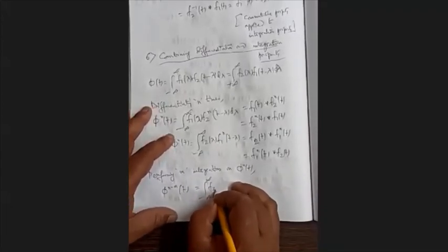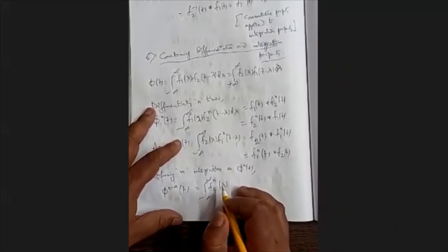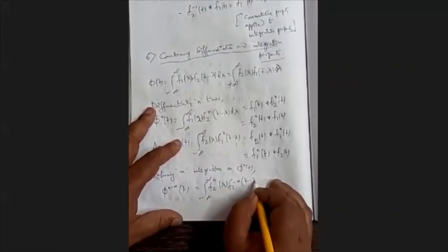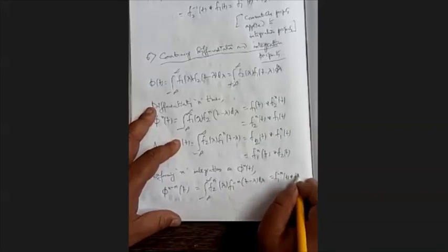So it will be the integral of f2 n lambda f1 minus m t minus lambda d lambda, or f1 minus m of t star f2 n.